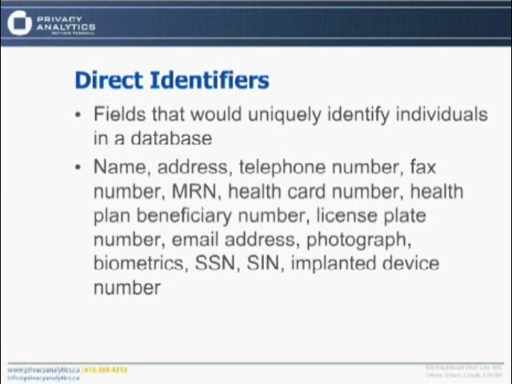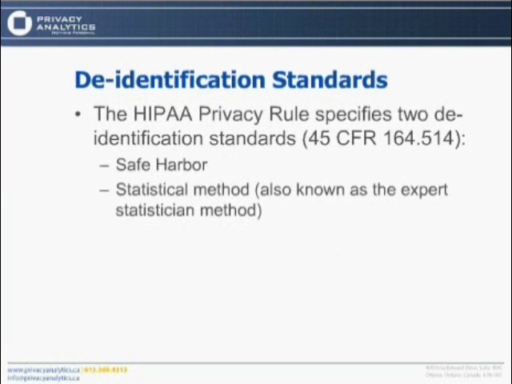So HIPAA provides two standards for de-identification in the Privacy Rule, and they're known as Safe Harbor and the Statistical Method. These are the two standards for creating data sets that are considered de-identified and which you can disclose without obtaining authorization of the patients.